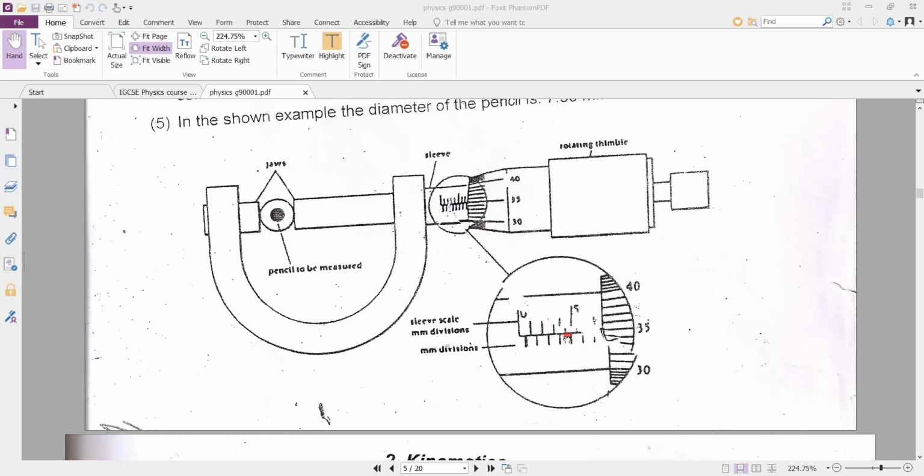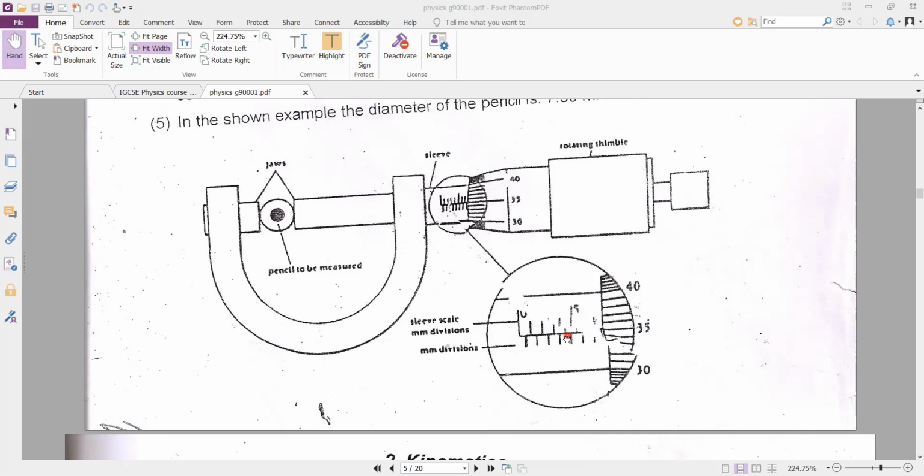This is the first scale, the main one. It's like 0, 1 and 2. Between 0 and 1 is half, between 1 and 2 is half, and between 2 and 3 is half. Between the halves there are small lines.